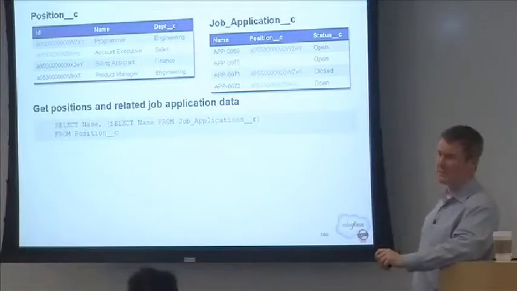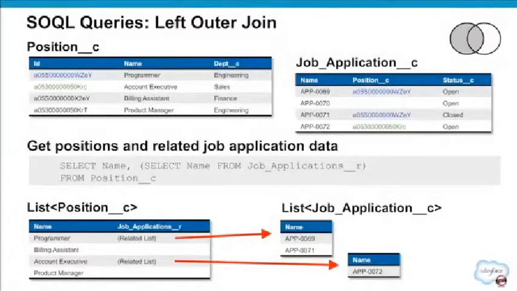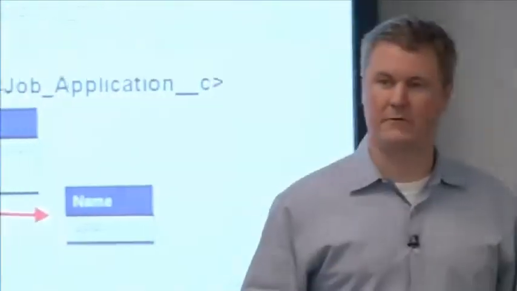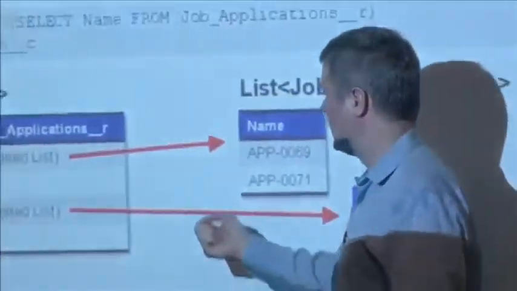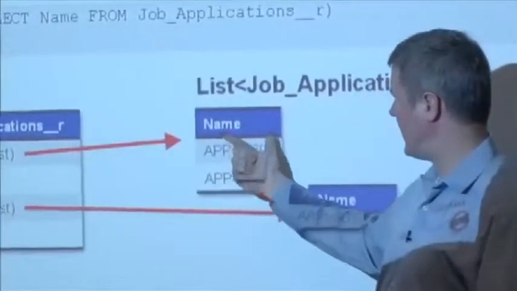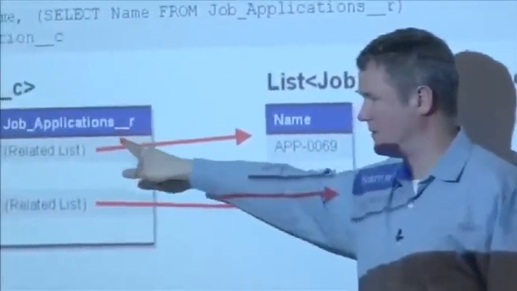A list of positions, exactly. So in this case, what we get back is a list of positions. The job applications double underscore R is going to contain a reference to a list of job applications. So in the first one, where I'm selecting my programmer, what we get back is a list of job applications when we access this field.